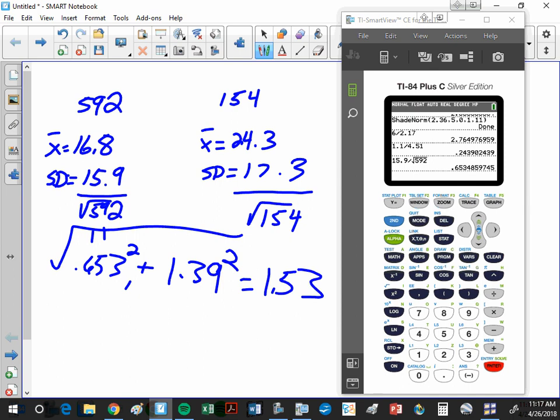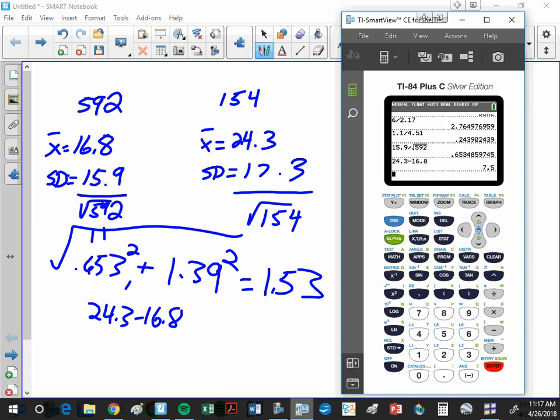Okay, now what? Z-score, so 24.3 minus 16.8, and I divide that by 1.53. And I get a Z-score of 4.9. Which means reject the null. This is highly significant.